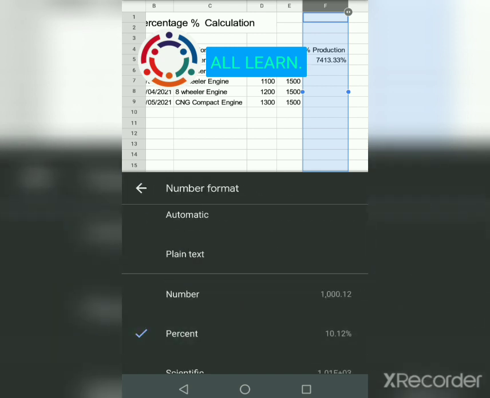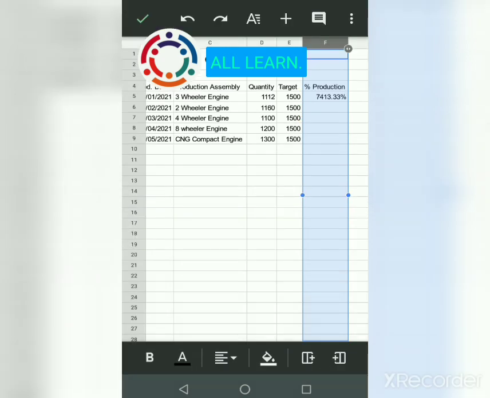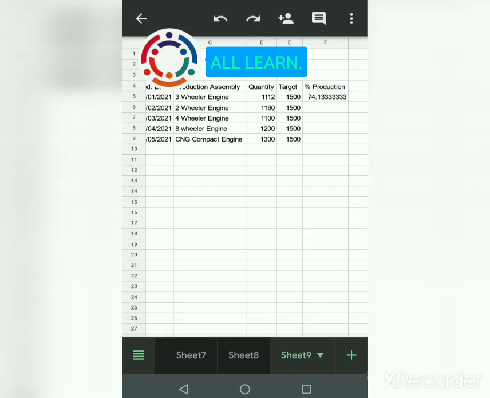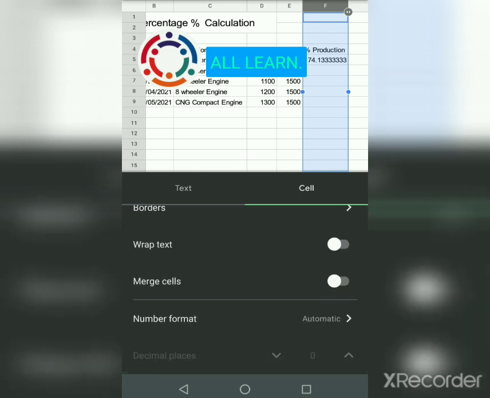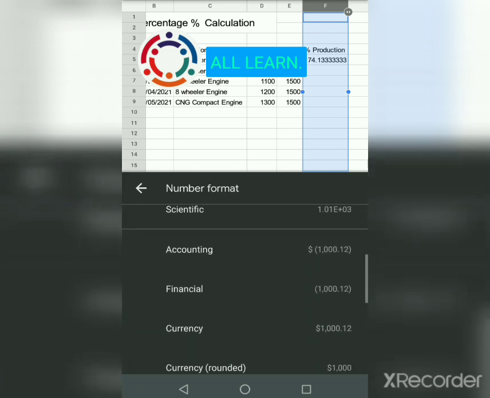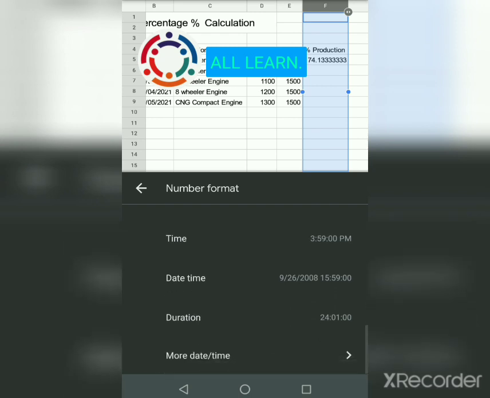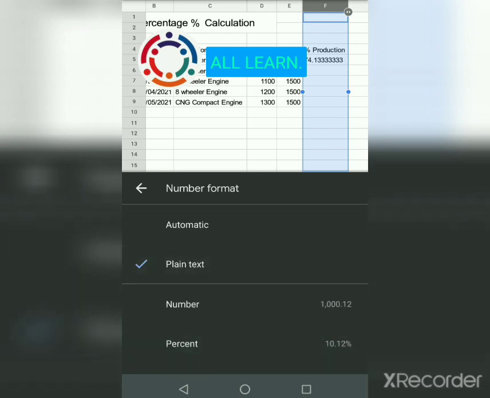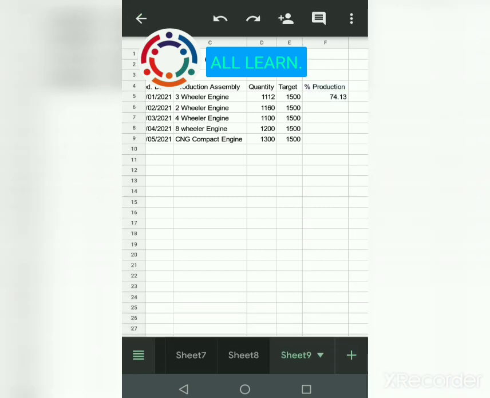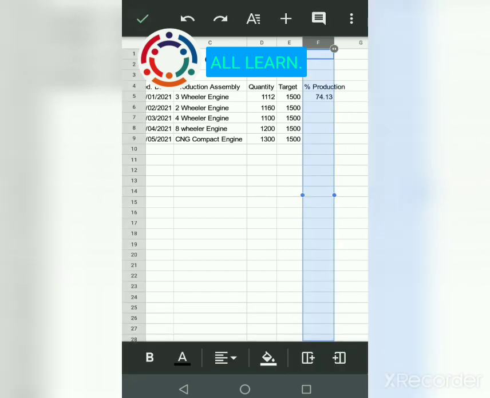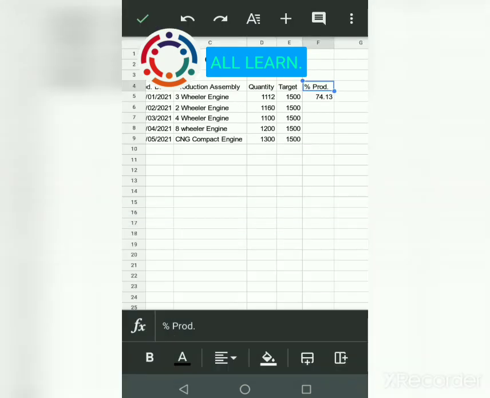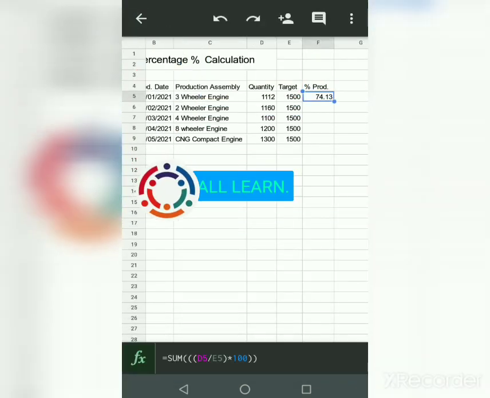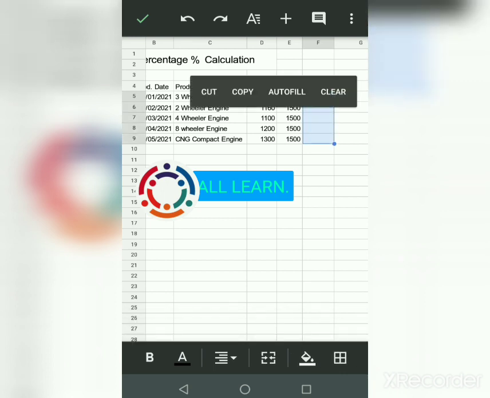Percent. Okay, here we can compress this total percentage decimal production. Total percent production will be here. So here we can continue this formula for the last 5 items.